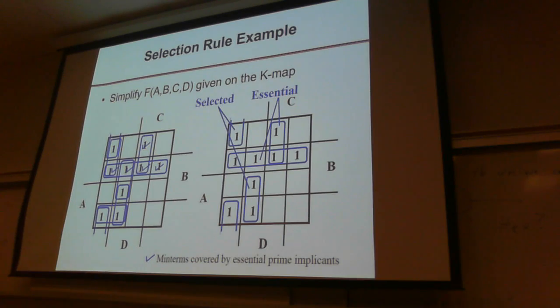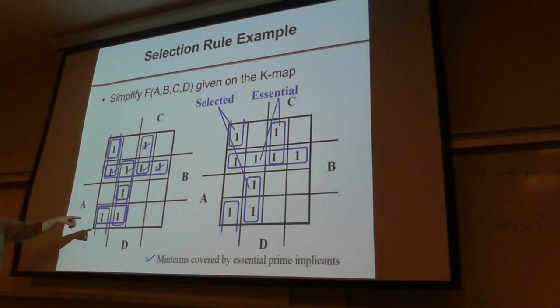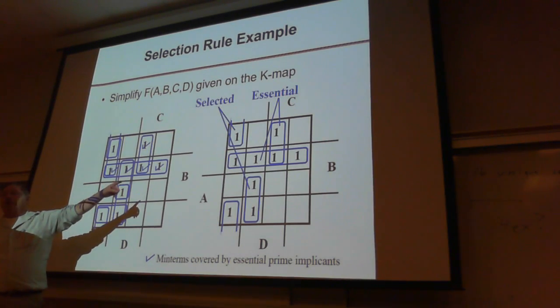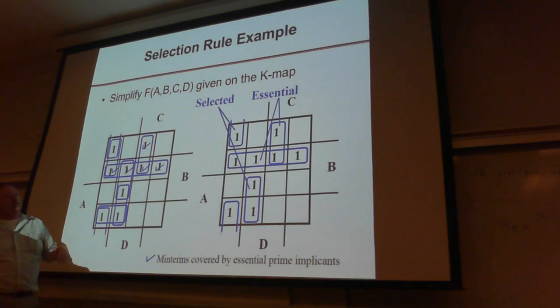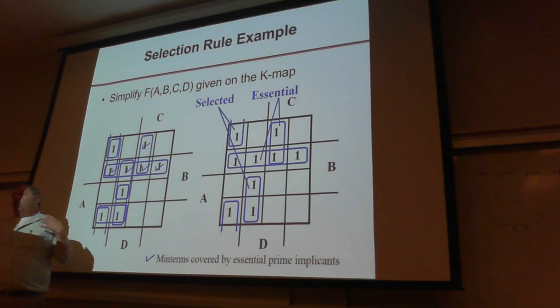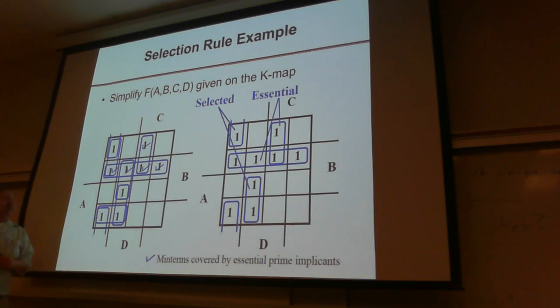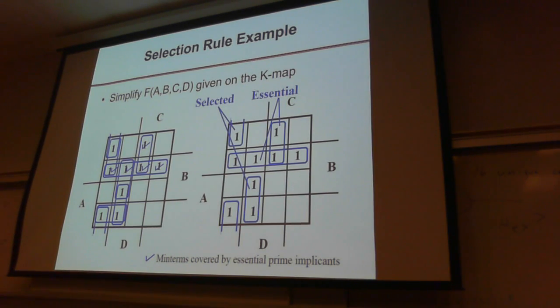And then since that doesn't select all of the ones, I go through my assessment process to determine which of my other groupings gets me all of the remaining ones with the least number of groupings, recognizing that there must be groupings of 2 to the n where n is greater than 0. Okay?